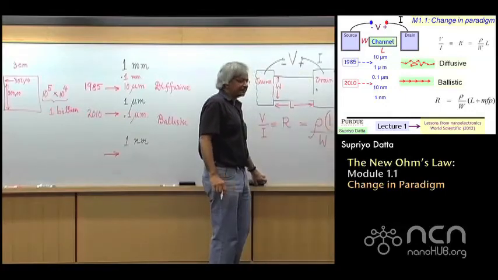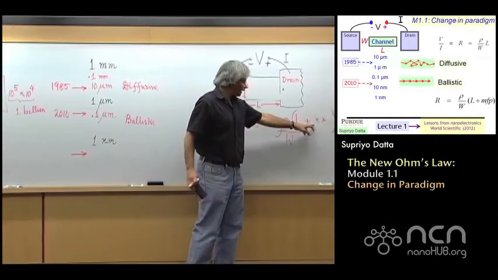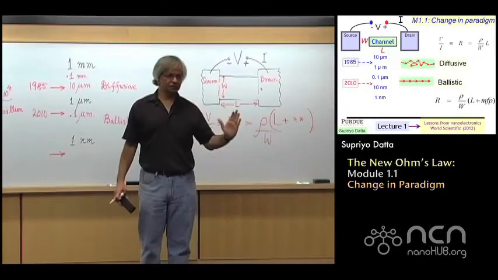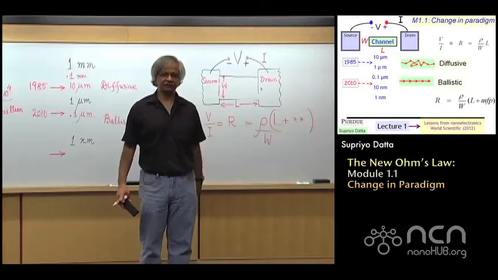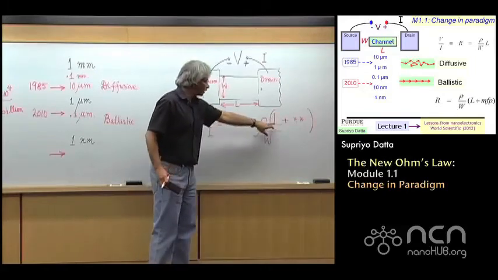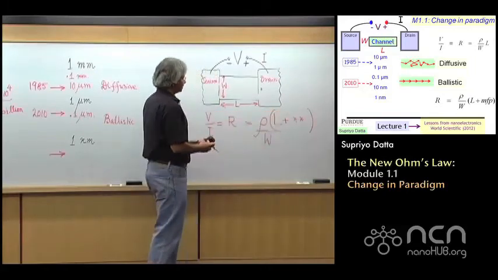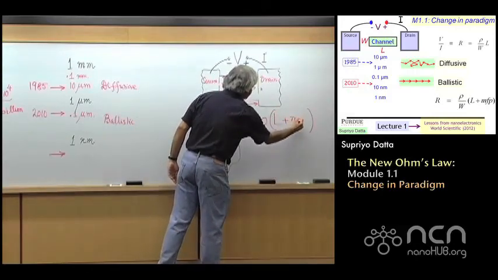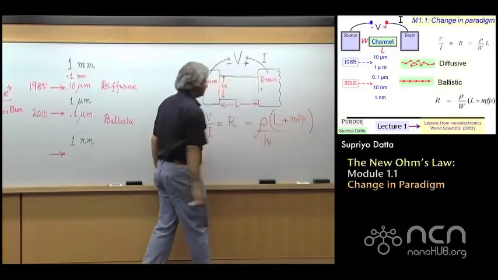So that when L tends to 0, the resistance does not go to 0, but goes to some constant value. And as we'll see, that something is of the order of the mean free path.